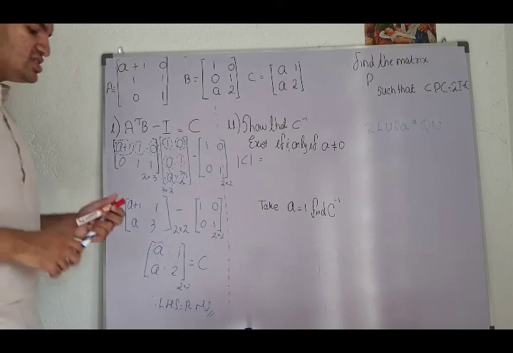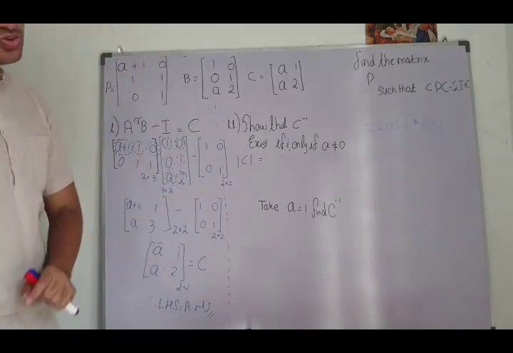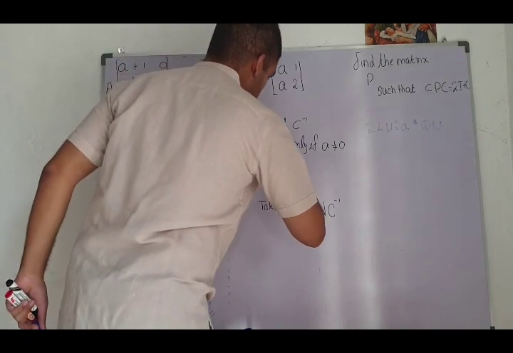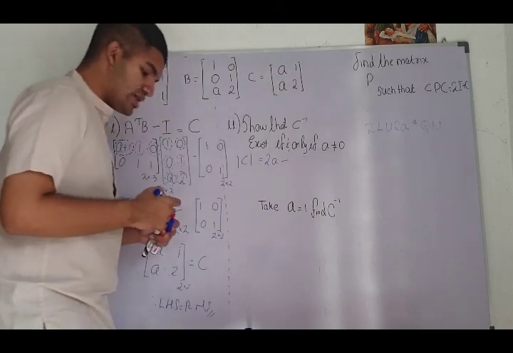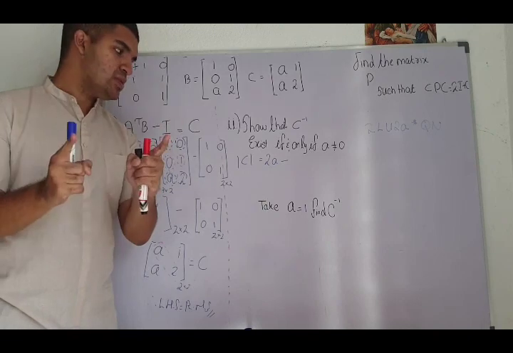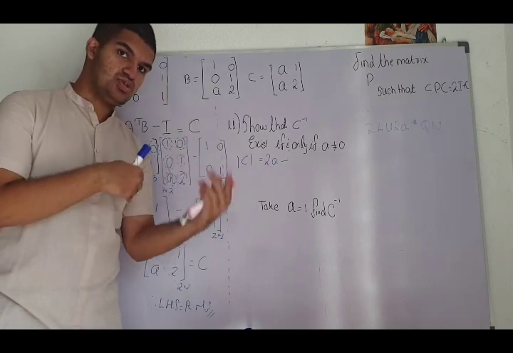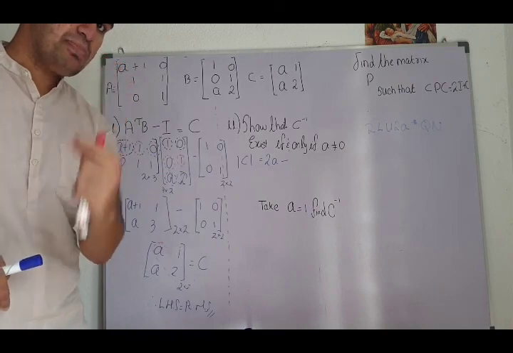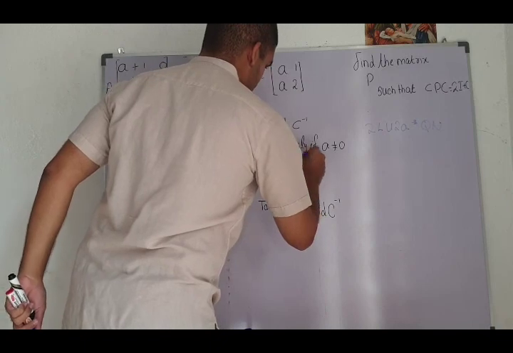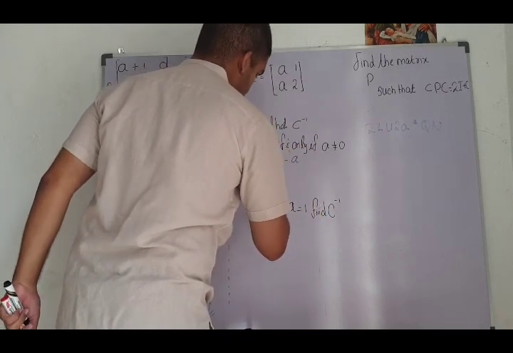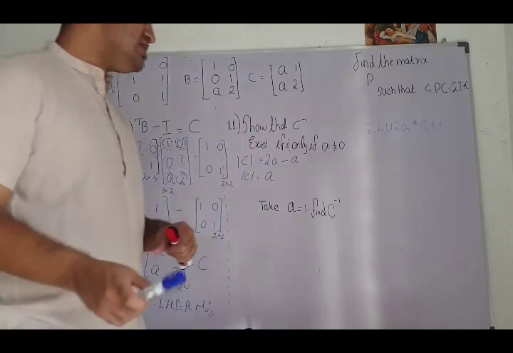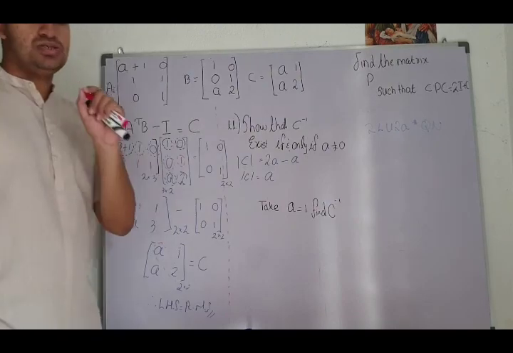Taking the major diagonal into consideration, it is always a rule that you use the major diagonal. The major diagonal gives 2 times A, and you have to subtract the product of the minor diagonal elements, which is going to be A. So the modulus of C equals A. Now they have said to show that C inverse exists if and only if A is not equal to 0.